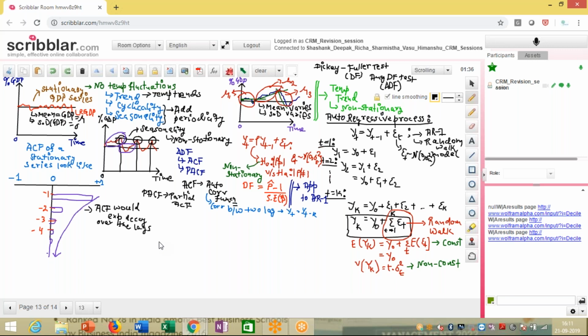Now, the next question that comes out is, then how would the ACF of a non-stationary series look like? And how do I identify the type of non-stationarity which is there, right?